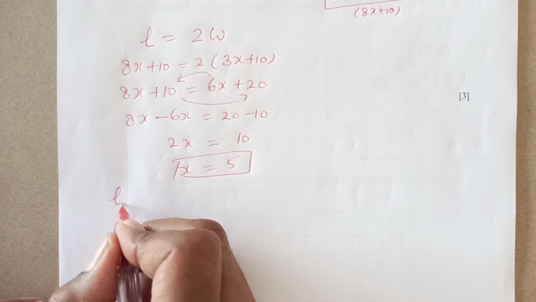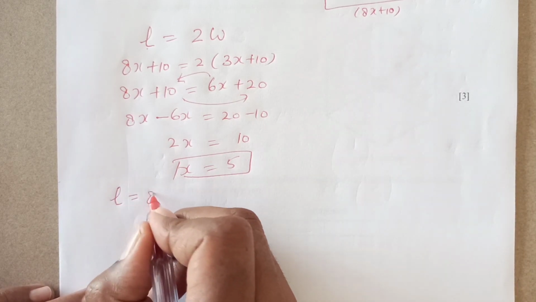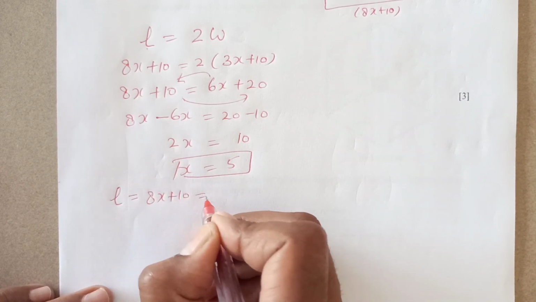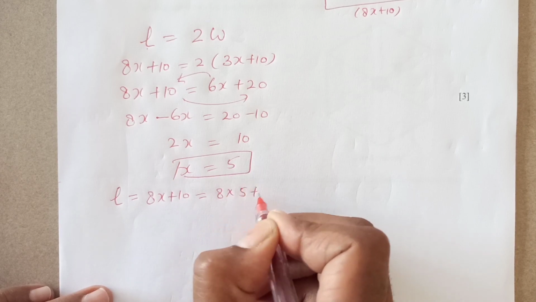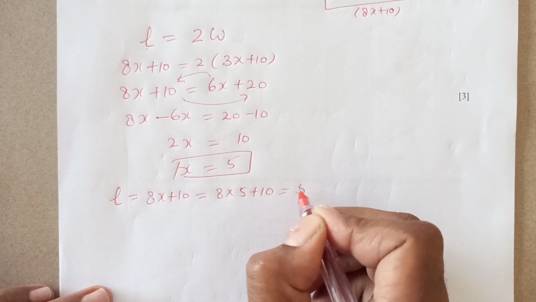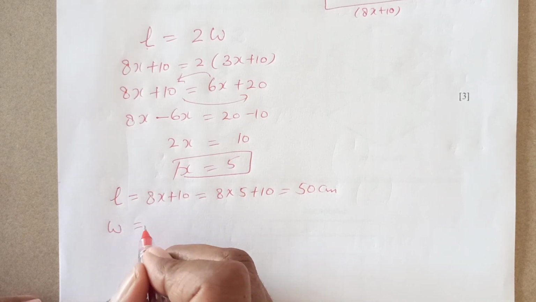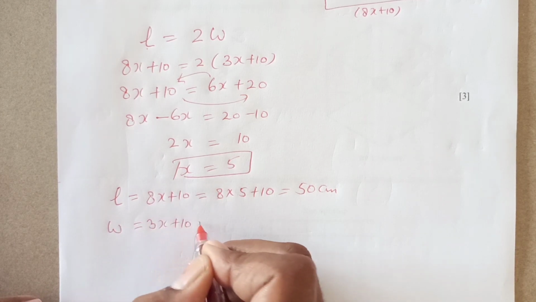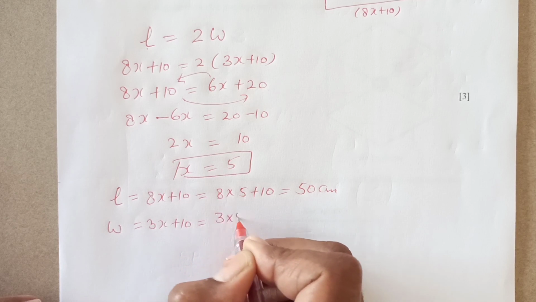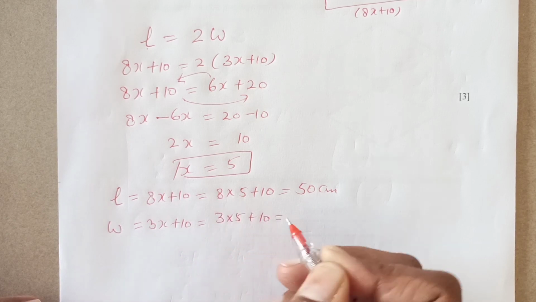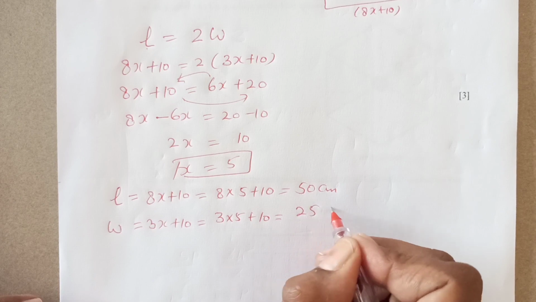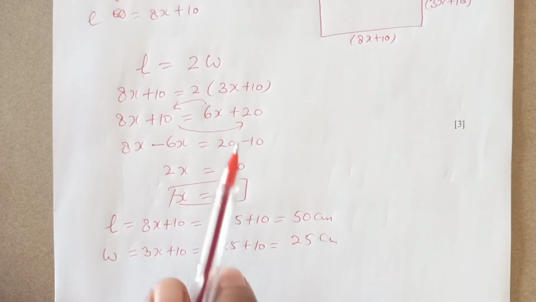So now we can find out length and width. Length is 8x plus 10, so that means 8 times 5 plus 10, 40 plus 10, 50 centimeters, right? And width is 3x plus 10, 3 times 5 plus 10, which is 25 centimeters, right? So we got the length and width.